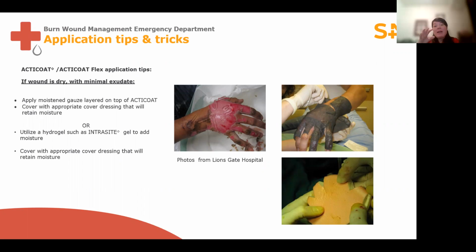You can soak it with sterile water, or at this point, because you're not moistening for wound management, normal saline. And if you notice with the Acticoat Flex, there is actually a lateral stretch. If you can find that, then you can easily break that seal of the Acticoat from the burn injury. If you notice that the burn exudate is decreasing, then this is definitely where you want to apply a hydrogel, such as Intrasite gel.